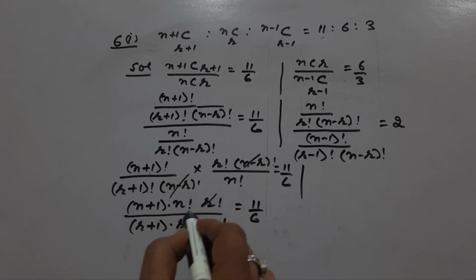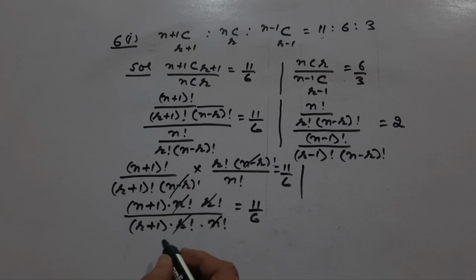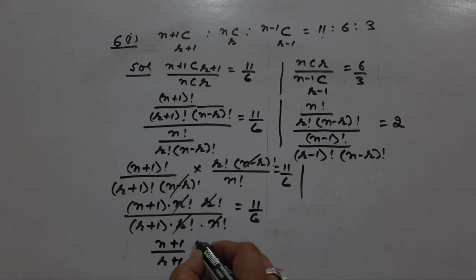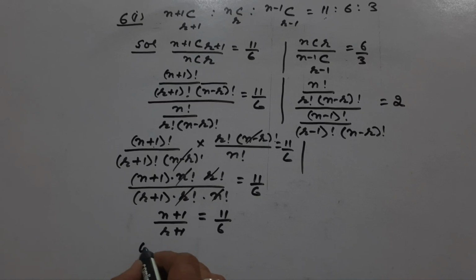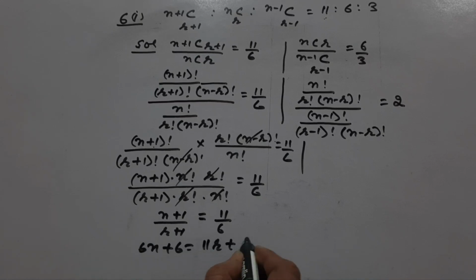Now cancelling these two and cancelling these two, so we get n plus 1 upon r plus 1 is equal to 11 upon 6, right? Now solving it, 6n plus 6 equal to 11r plus 11, or we get 6n minus 11r equal to 5.